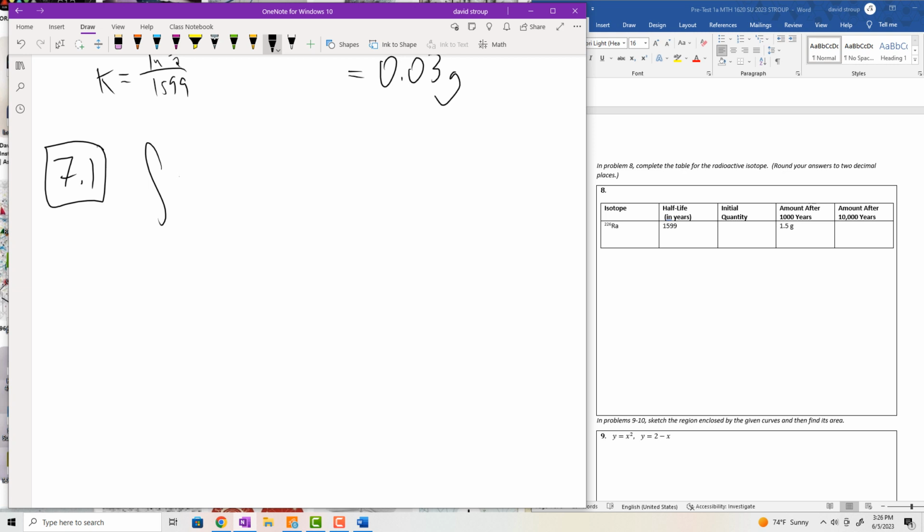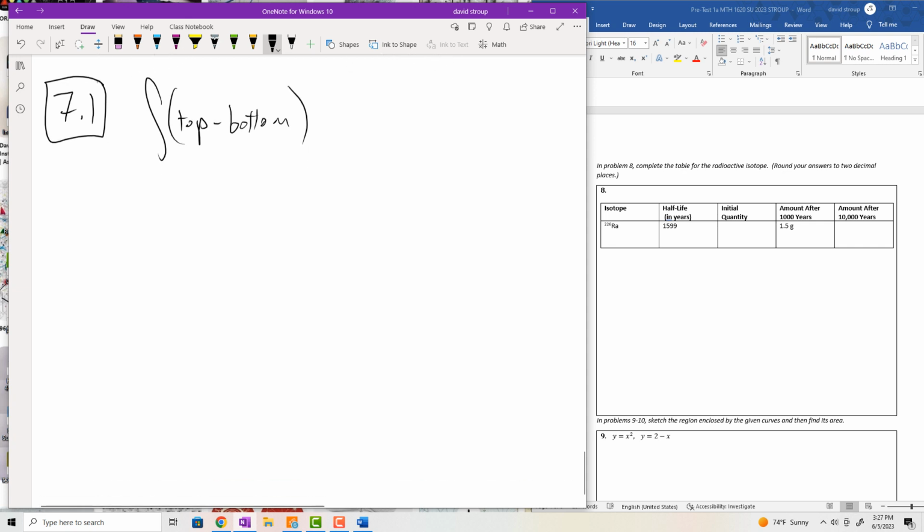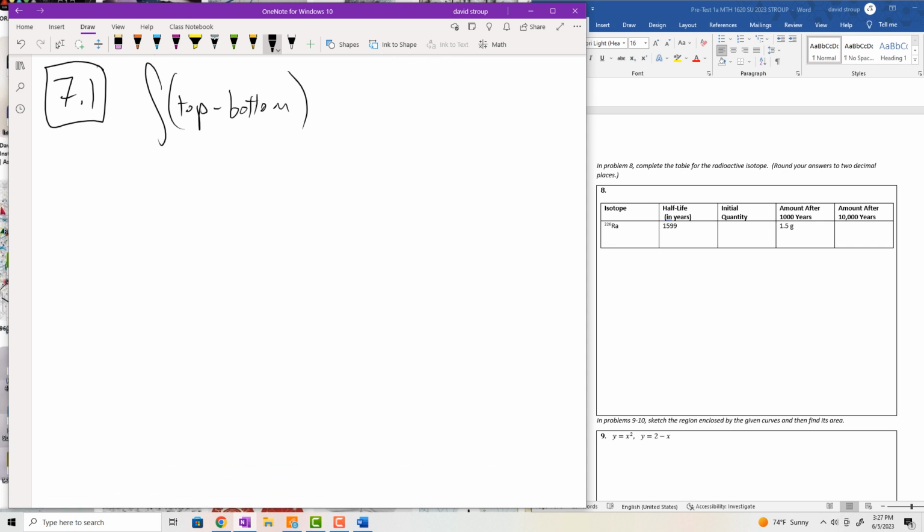But that's really top minus bottom again, right? If you think about the Riemann person. Okay. Notice nothing's squared here, so this isn't a matter of pi r squared like with the rotation problem. So if I see a pi in there, I'm going to get ticked off. So don't be that person.